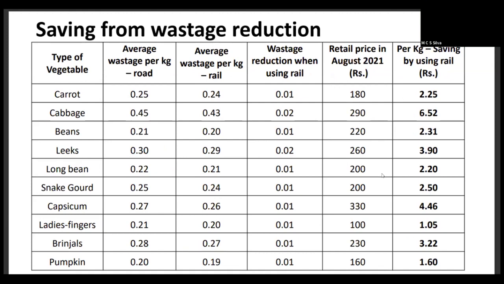I'm sorry, this is the saving from the wastage. So almost all the vegetables have a saving when you transport vegetables through railways. The last column shows the saving amount of each vegetable.